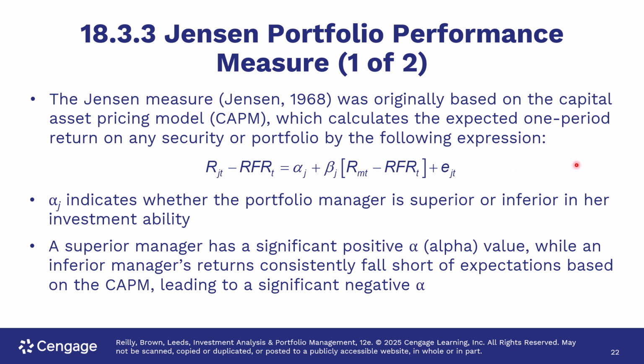That was the value versus growth risk factor in the Fama-French three-factor model. You could also tack on plus another beta times MOM. Remember MOM? That stood for stock return momentum. So this can be expanded. This was the first version Jensen used in '68 because the only thing we had was the capital asset pricing model that had been developed at that point in time.